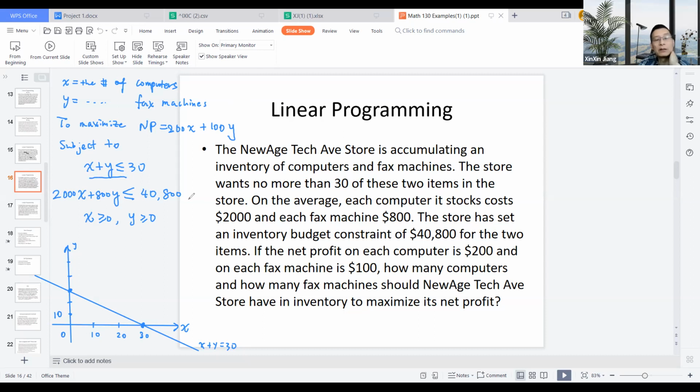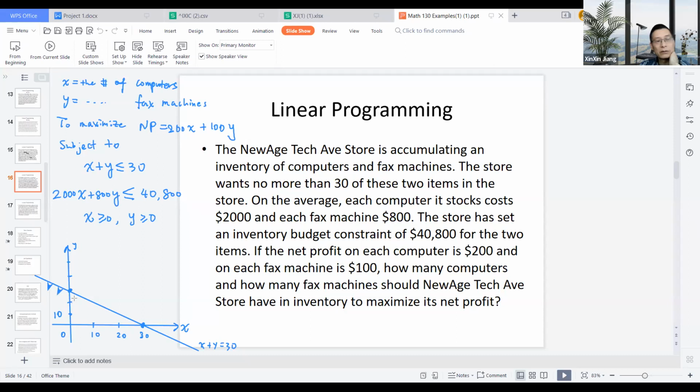And the origin is not on the line. So using the testing point, the origin, 0 plus 0, yes, it's less than or equal to 30. So the region that includes the origin would be the right region. It's the half plane.